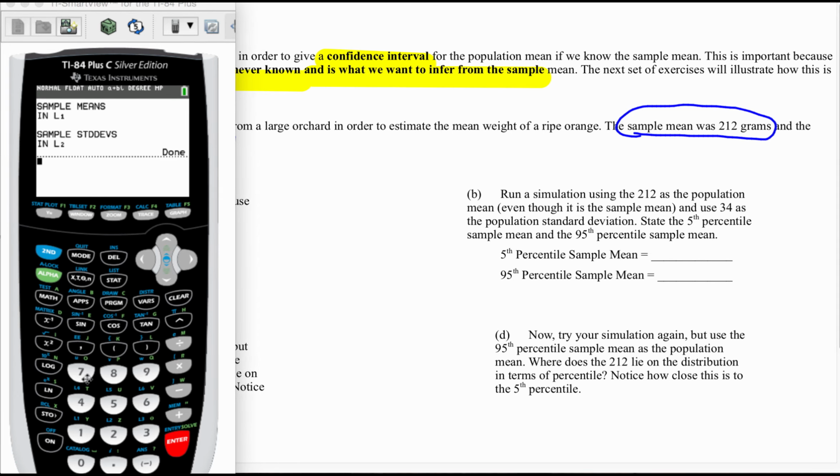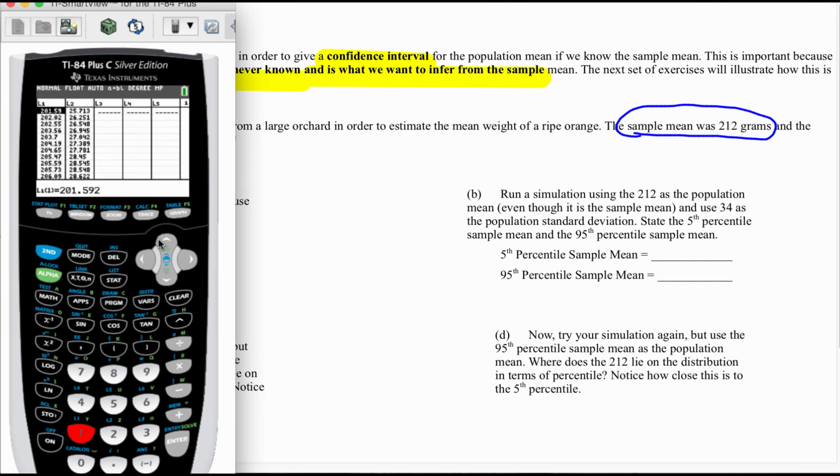All right, so we're back. Let's see what this simulation got. Going into stat, going into edit, we've got as our lowest value 201.59. But they wanted me to look at the 5th percentile sample mean. Since I did 100, we're going to go to the 5th one.